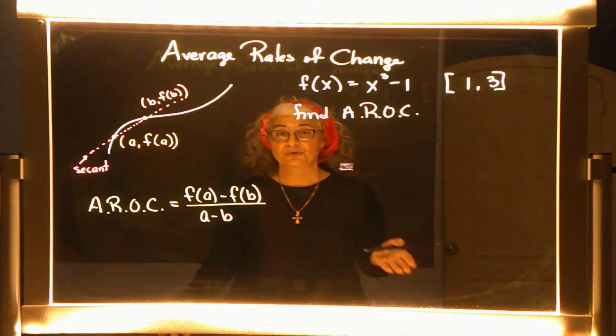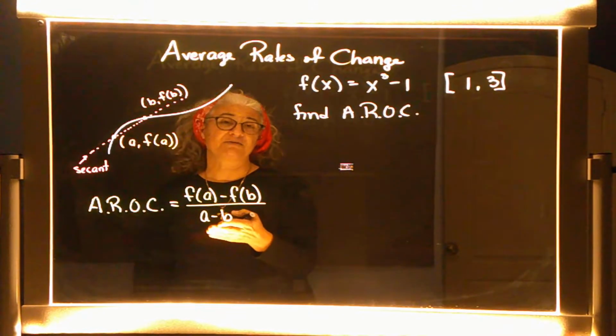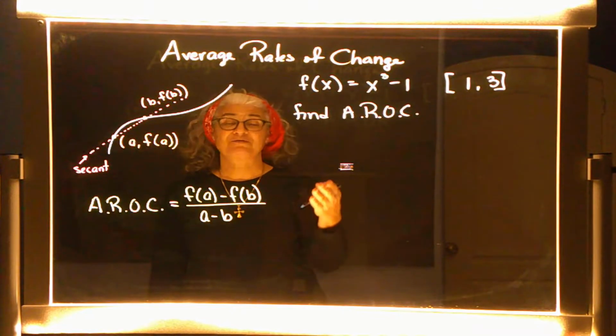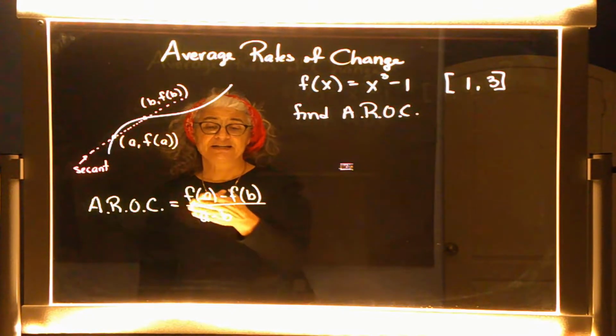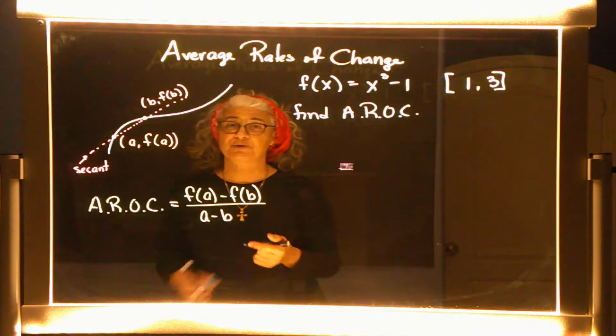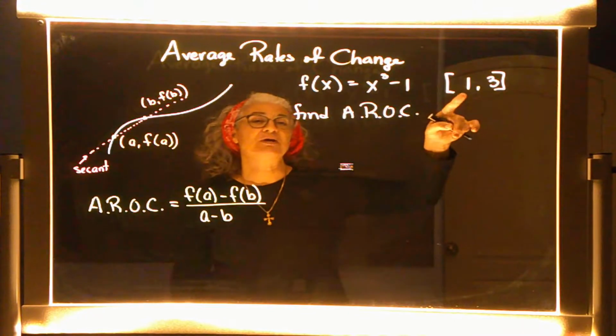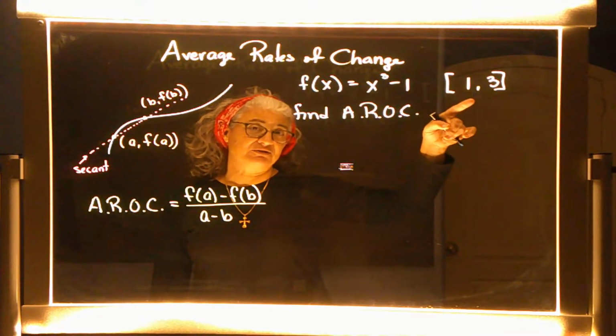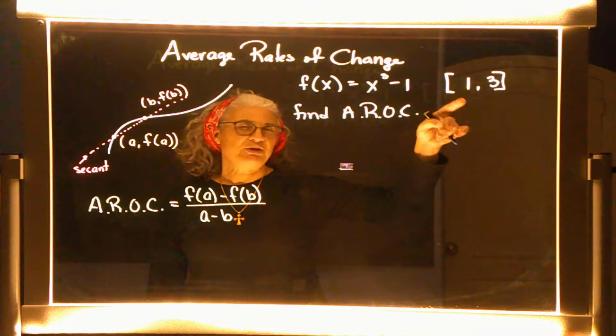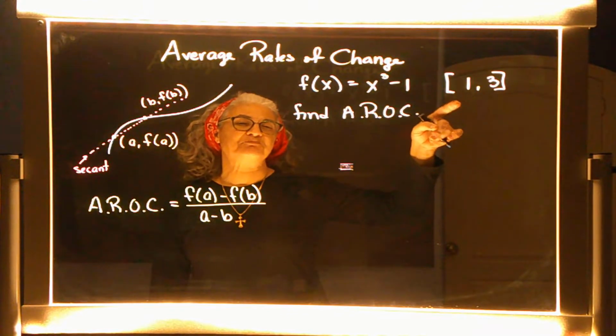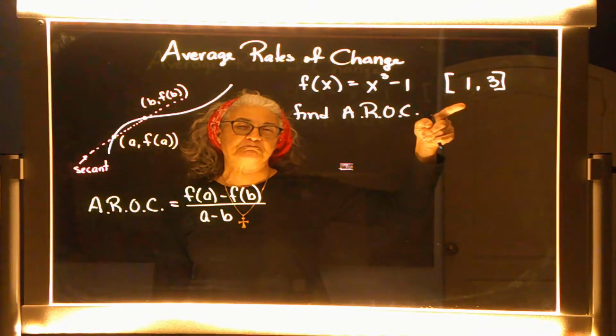So, according to our formula for average rate of change, I need to know my y's and my x's. Agreed? Well, if I'm on this particular interval, what do you think this represents? The y's or the x's?